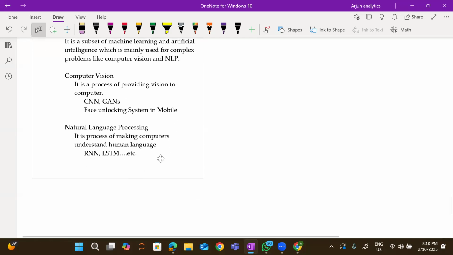Now, natural language processing is nothing but giving computers the ability to understand our language.